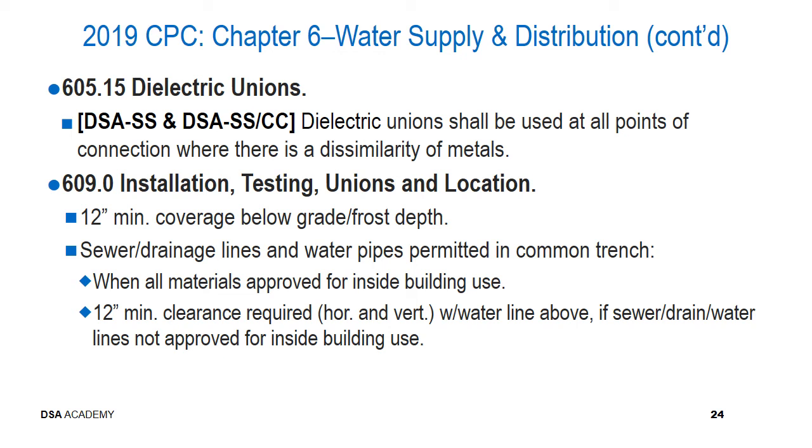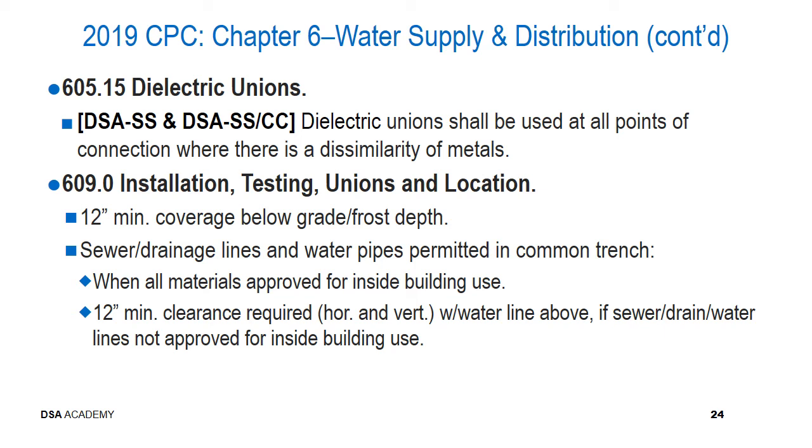Section 609 addresses installation testing, unions, and location. And nothing has really changed, but we certainly address it here in this training because it does specifically identify testing. So obviously 12 inches minimum coverage is required below grade or below the frost depth in areas where freezing is a regular occurrence.